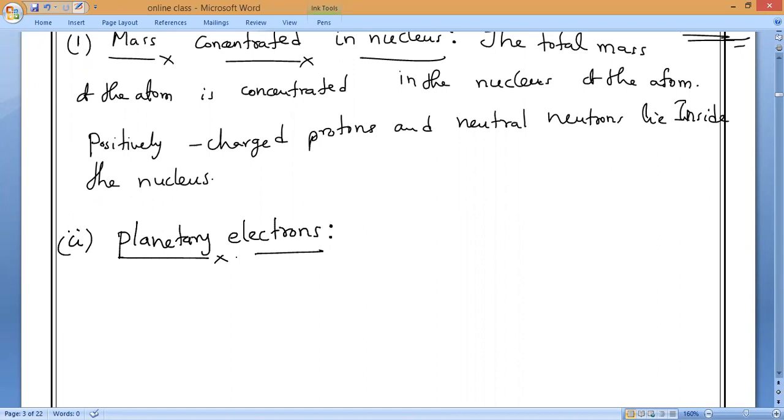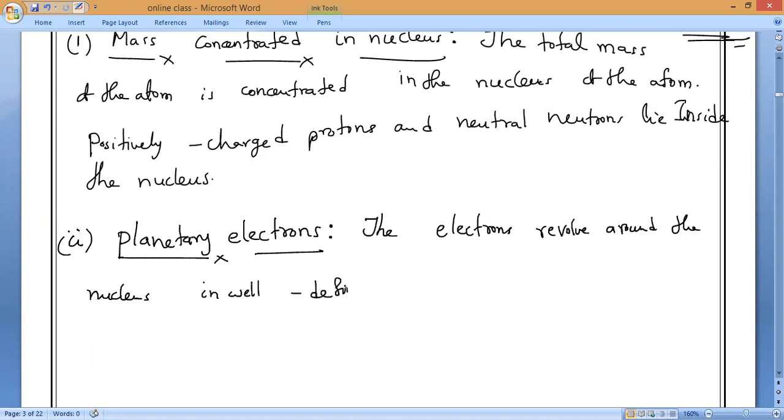Second one, planetary electrons. The electrons revolve around the nucleus. Like whom, guys? Like planets revolve around the sun.